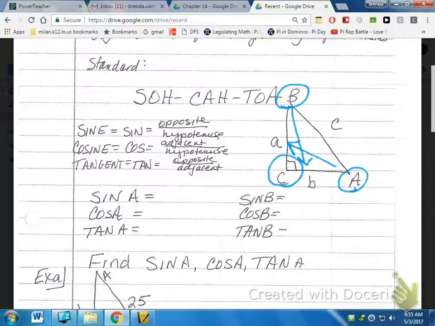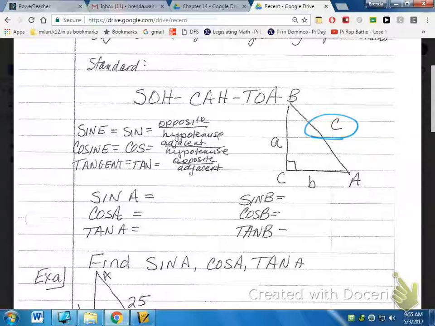Opposite right angle C is little c. The opposite side is the lowercase letter of the opposite angle. The lowercase letter stands for the length of that side. Also, the hypotenuse, for all practical purposes, what we're talking about today, is always going to be c.